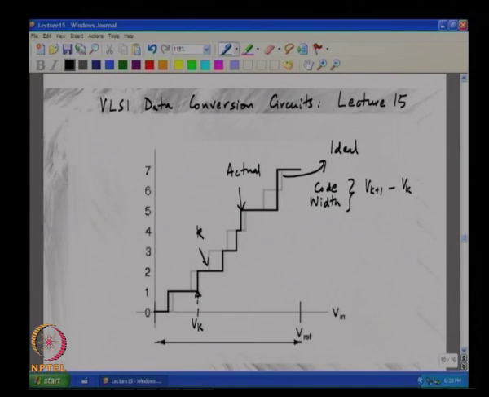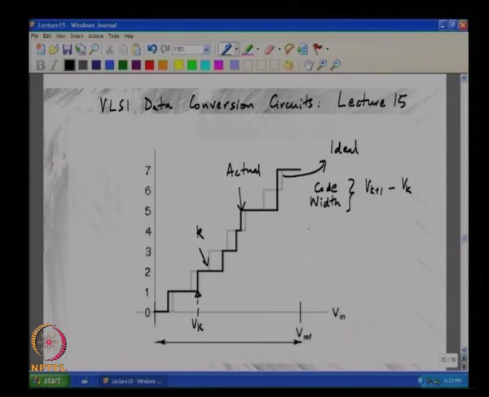It will have dimensions of volts, right, and we know that nominally this must be one step, one ideal step. So, instead of talking about the actual code width, we might as well talk about the deviation of the actual code width from what it is supposed to be.